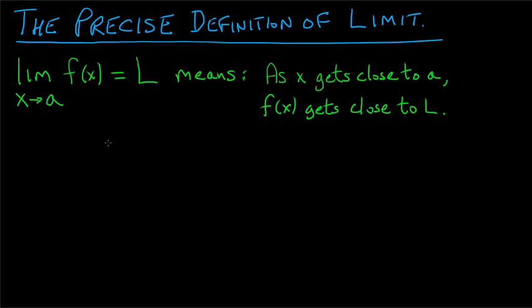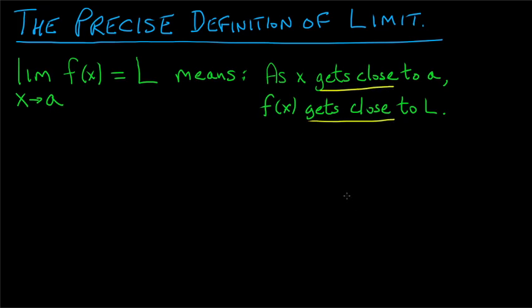So this is what we've been working with, and it's worked just fine. It's been good enough, and we've used it to calculate quite a few limits. The issue, though, is this phrase "gets close to." What do we mean by getting close to something?